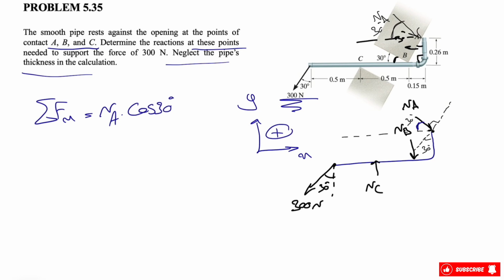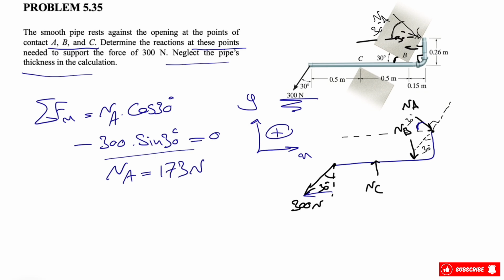And we have the 300 Newton force, which also has an x component, which will be 300 times sine of 30 degrees, equals 0, and from here we can find the first unknown, which is NA, and we'll get 173 Newton.